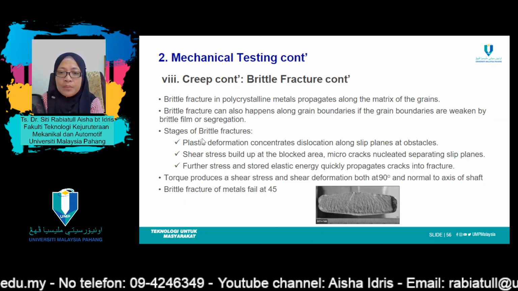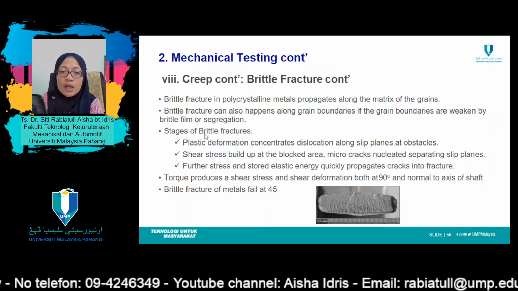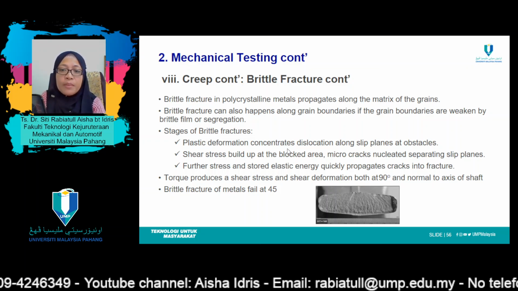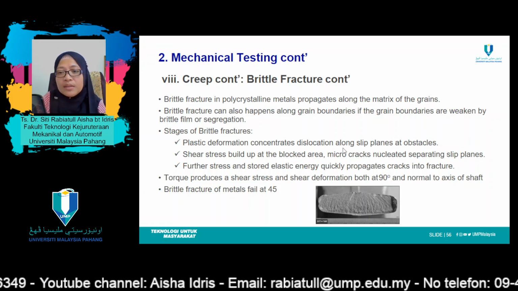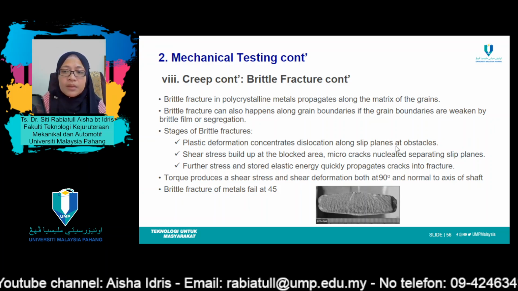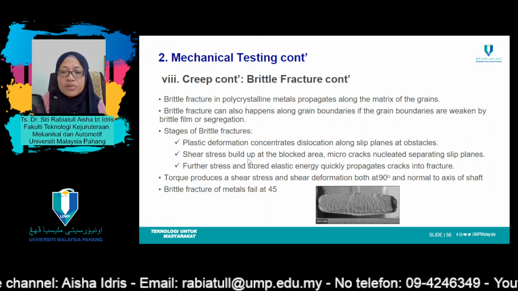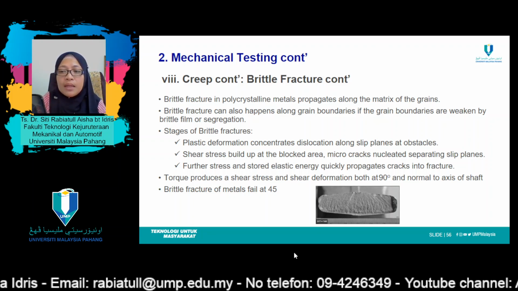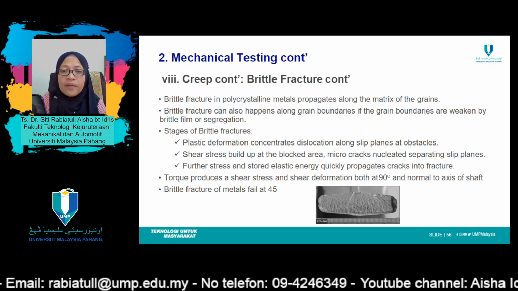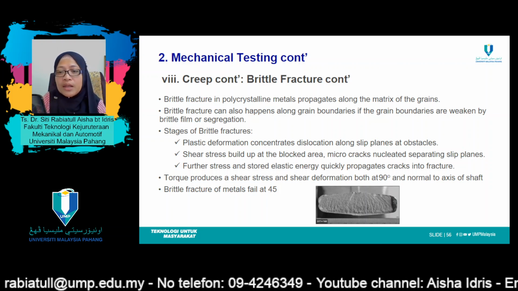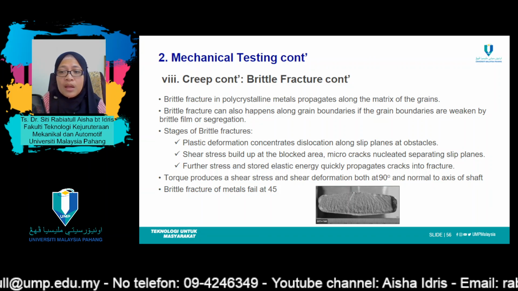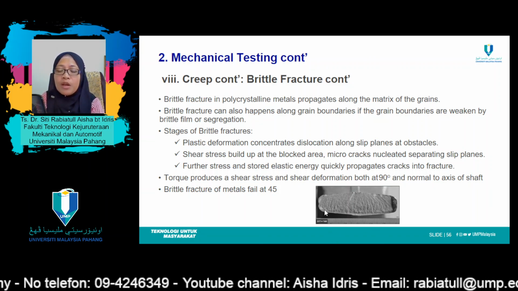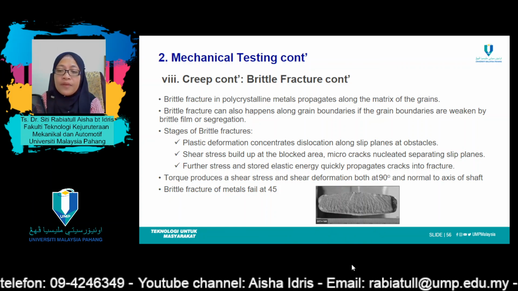So in brittle fractures, the stages include number 1, plastic deformation concentrates dislocations along slip planes at obstacles, shear stress builds up at the blocked area, micro cracks nucleate separating slip planes, further stress and stored elastic energy quickly propagate cracks into fracture. And finally, producing this type of surface topography.